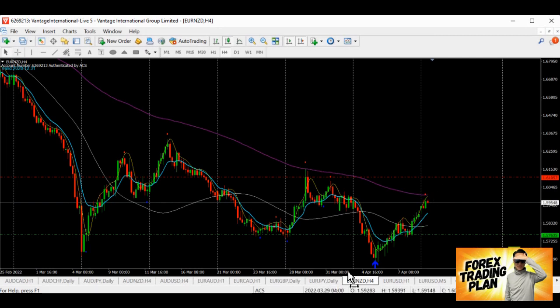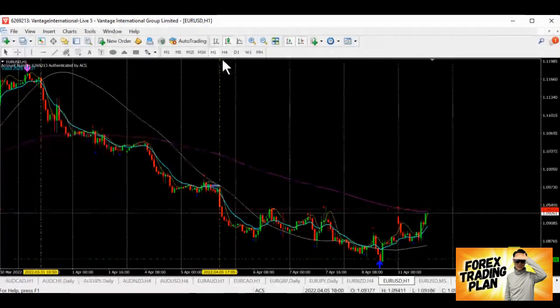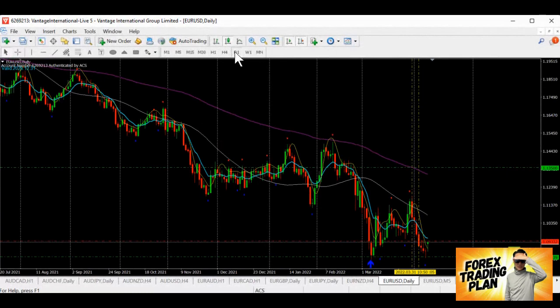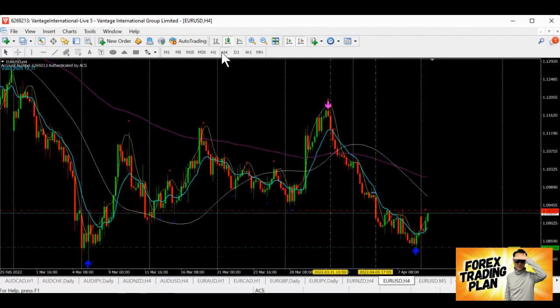Okay, so just move again to euro dollar. Well, euro dollar was good to sell earlier on, all right, but now it has become a buy. So now testing on the resistance. So is it still good to sell? Well, we have to wait. We have to wait for it to test the resistance without breaking.